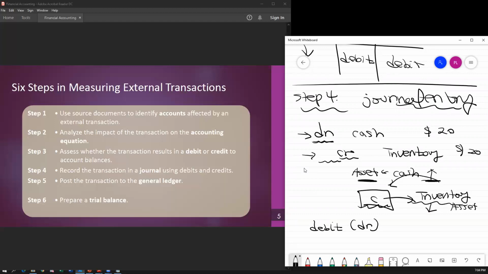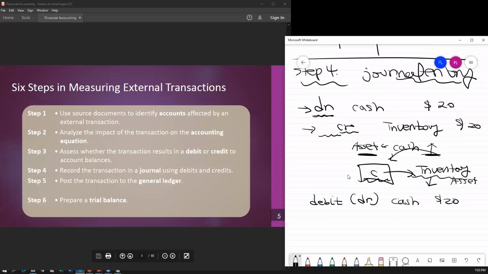So when we increase an asset, which was cash, you report debit cash by $20. And by selling that inventory to a customer, there was a decrease in assets. So that's a credit, or CR, to inventory, okay, for $20.